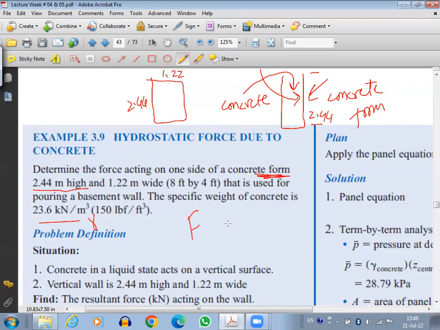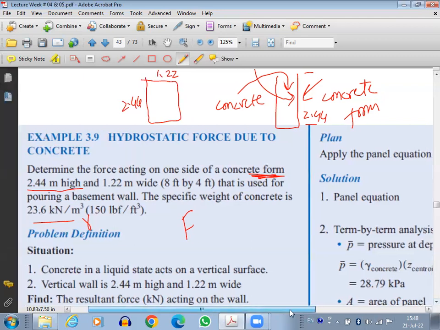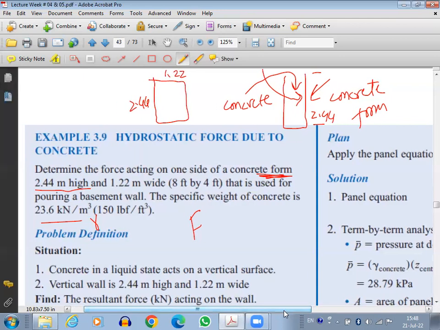So if you want to find out the force, the force would be pressure into area, right? Force is basically pressure into area.